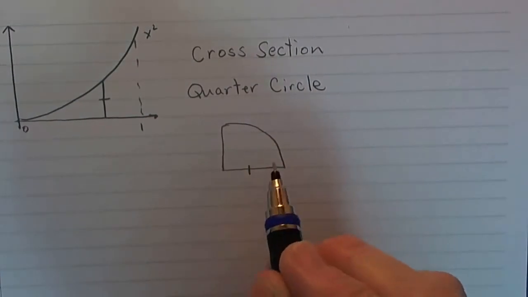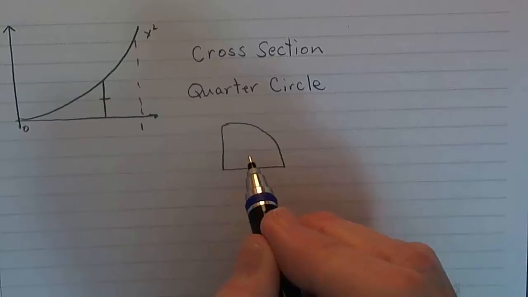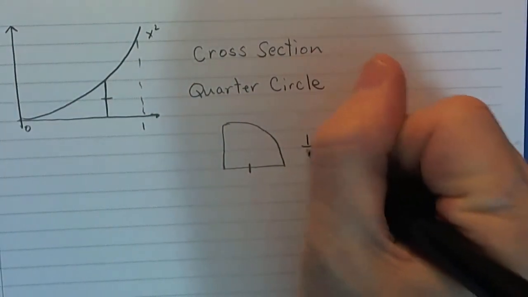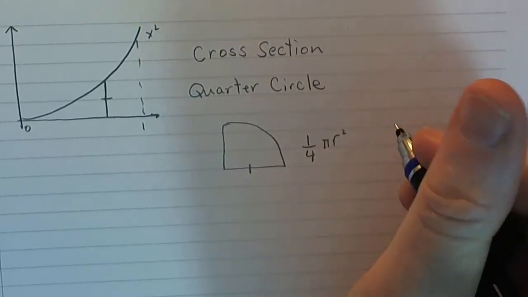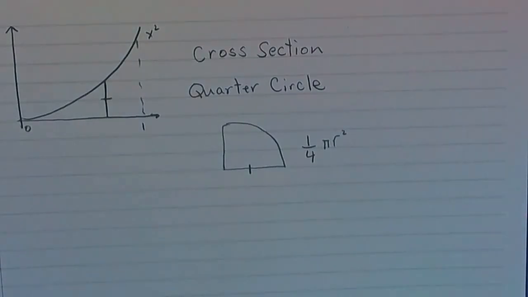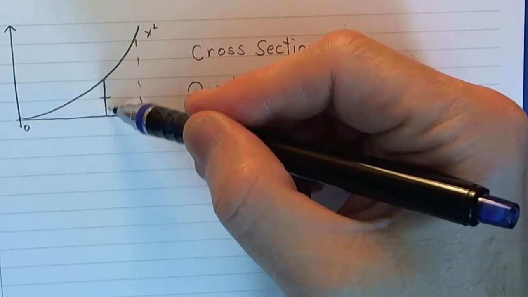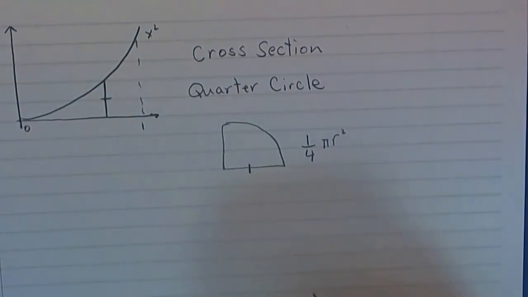Now remember, the name of the game here is to figure out what the area of that cross section is, because this is going to be 1/4 pi r squared. That's going to be the area. Well, let's think about this. This length right here is x squared, and that happens to be the radius in this case.